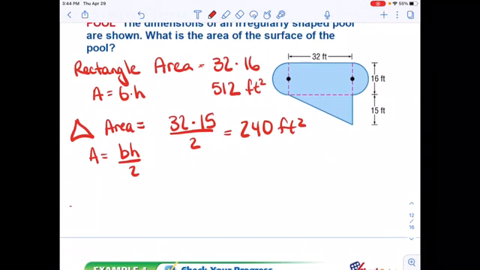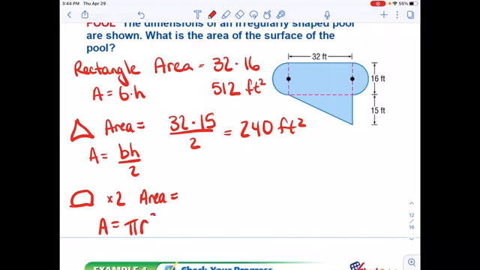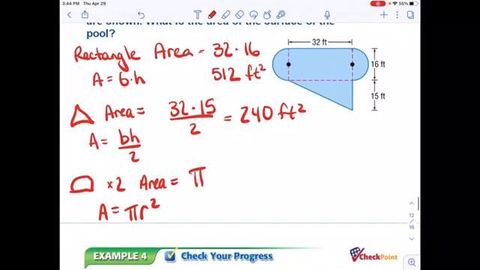And then my semicircles, there's 2 of them. Need to find the area for those. The area for a circle is pi r squared. So I take pi times my radius, so I only want half of this, so half of 16 is 8. Squared, I'm going to do 64 pi.